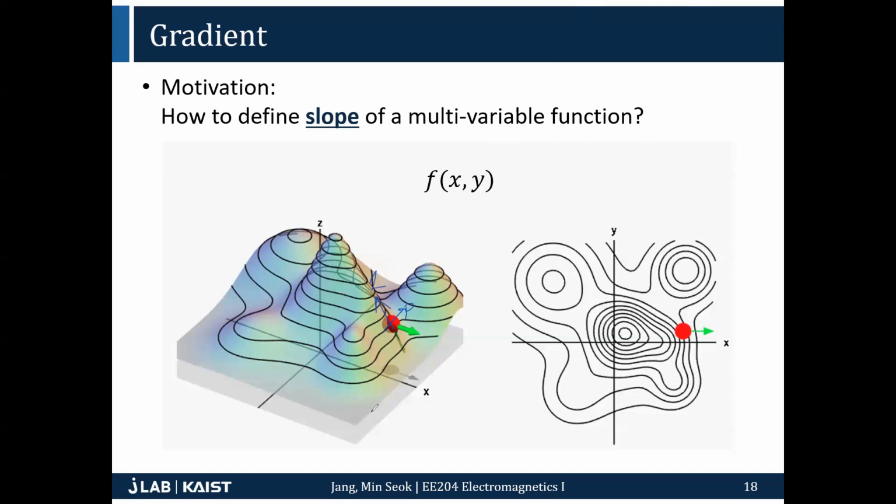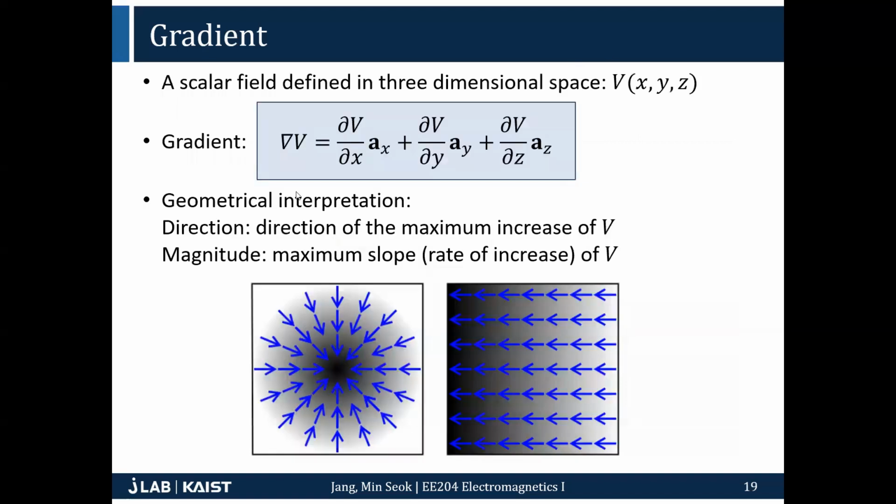That can be an answer, right? And if you're in the middle, you can just do some algebra to get the slope value. So the gradient operator gives you this quantity, the value related to the slope in a multidimensional manner. So now let's look at the gradient operator again.